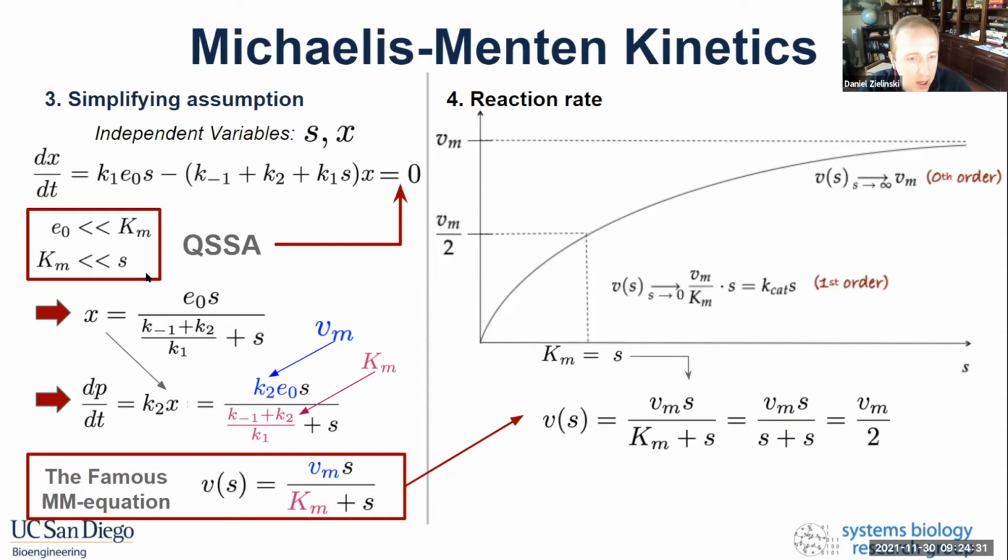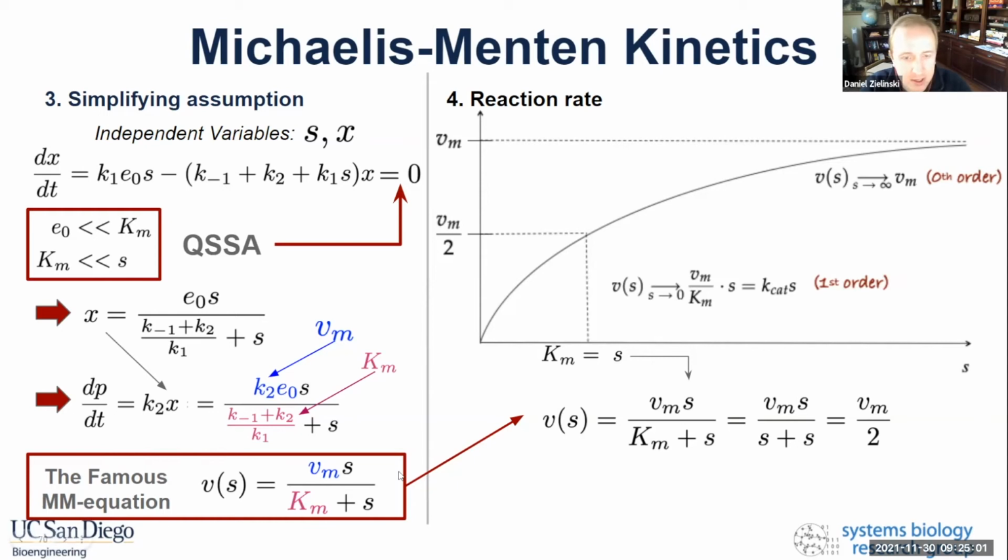And then we plug this expression for our steady state X into our product formation mass action equation, so this dP/dt, which is here. So we plug in X here, and you can see we end up with this expression, which once you call this K2 your Kcat, and this expression your Km, is our Michaelis-Menten expression.